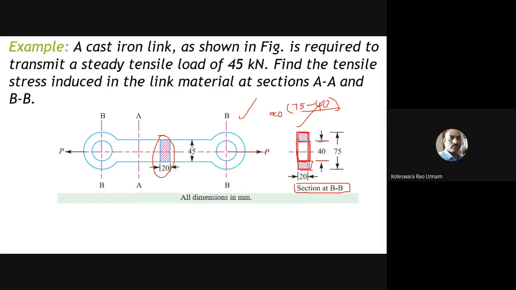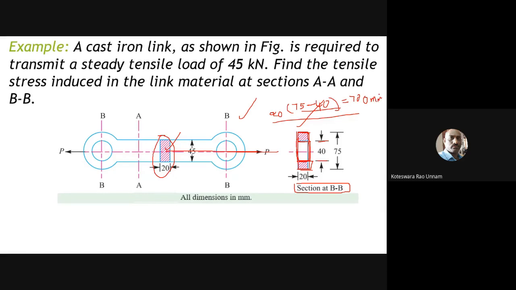Here also it is an axially applied load. You can see that it is passing through the longitudinal axis, so you have only direct stress. The formula for direct stress here is again P by A. But compared to the previous section, the area is different. That is the only thing, so you'll get a different magnitude. Here 75 minus 40 gives 35, and 35 into 20 gives the area as 700 mm square.